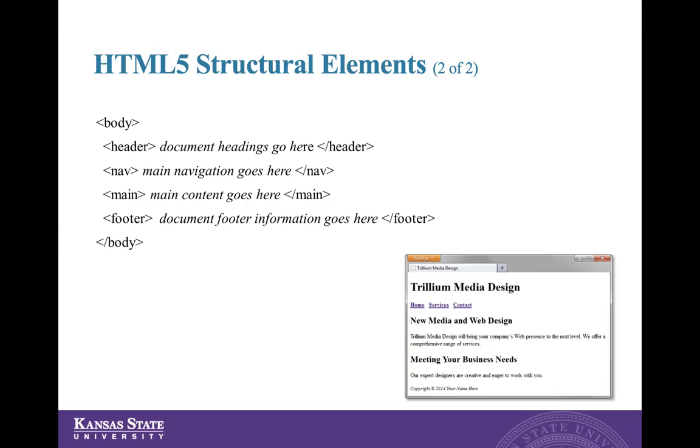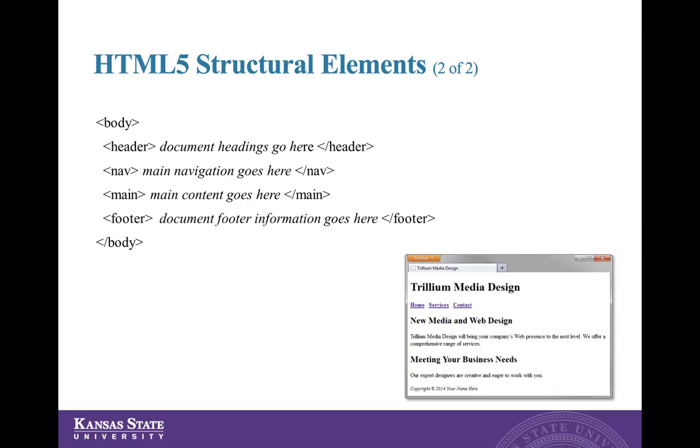On the right, you'll see a real simple example of the body. We have Trillium Media Design at the very top, so that's in our header section. Then we have home, services, and contact. You can see the underlined links there, and those are going to be in our nav section.